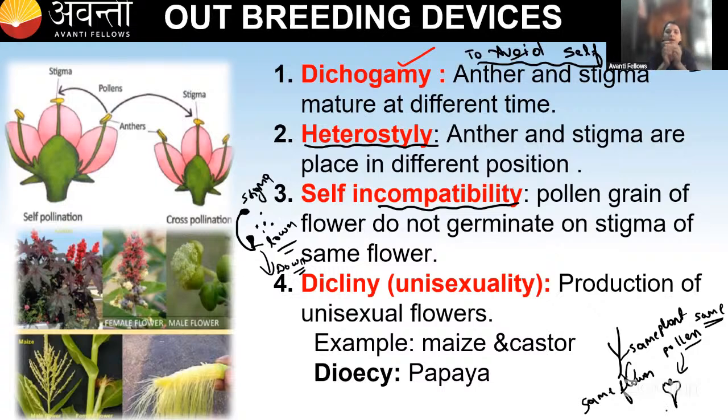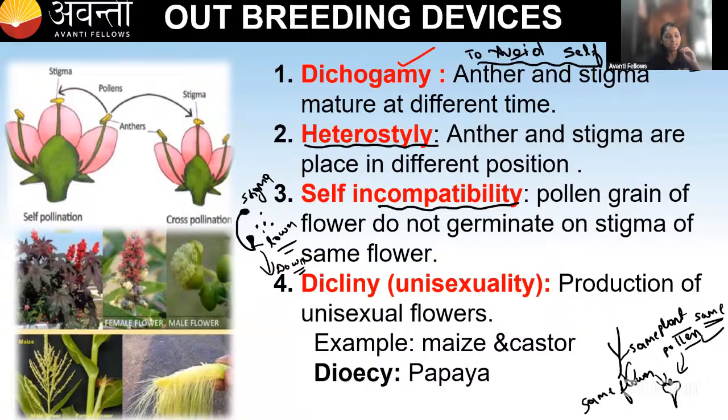That is called compatibility, meaning those are matching together. So in the same plant, the same flower is producing pollen that is going to germinate on the stigma of the same flower. That is called compatibility.